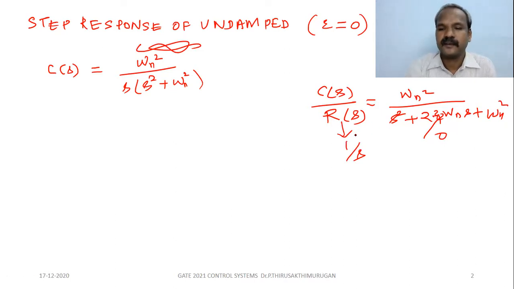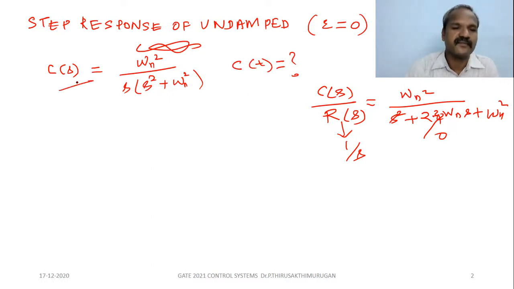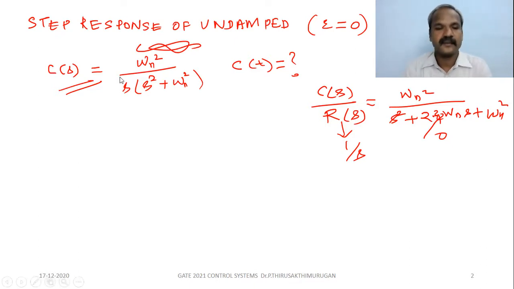So if we put these substitutions, C of S becomes omega n square divided by S into S square plus omega n square, right? We have to find C of t. So how to find C of t? By taking Laplace inverse of this C of S. Before taking Laplace inverse, we can simplify this C of S by partial fraction method.